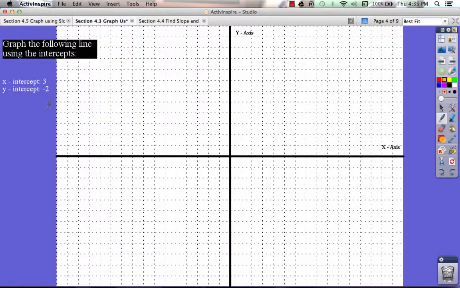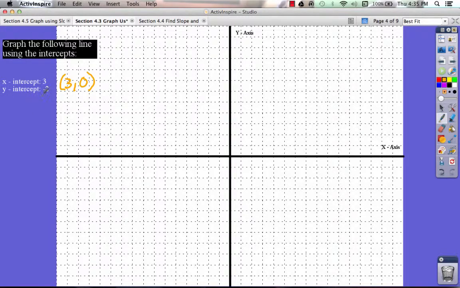Alright, now we're going to graph the following line using the intercepts. We've got an x-intercept, which is 3, and a y-intercept, which is -2. First thing we need to do is write out the coordinates. The coordinate for the x-intercept is going to be 3, 0, because for an x-intercept, the y value is always 0.